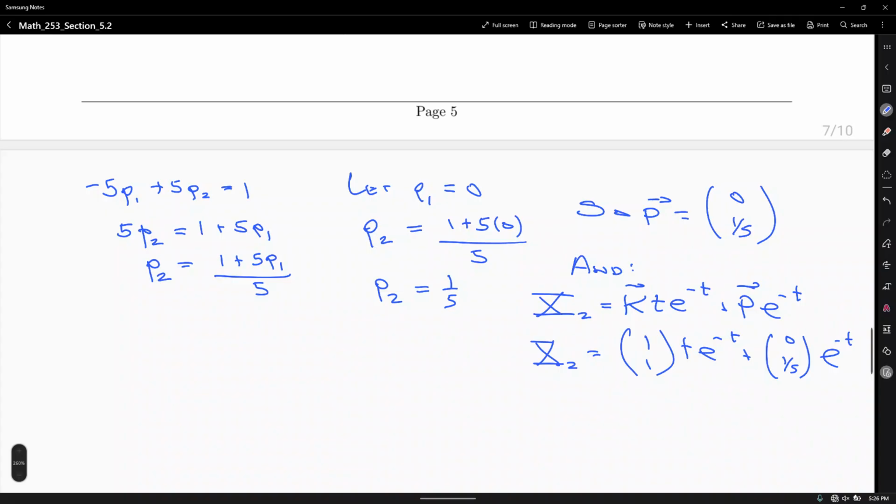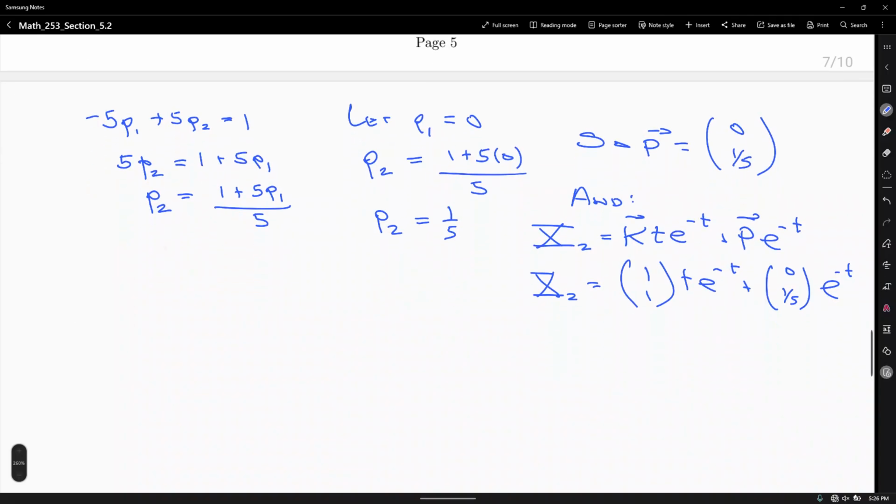Now let's write the general solution. That'll be x, which is x1 plus x2, a linear combination of the two.